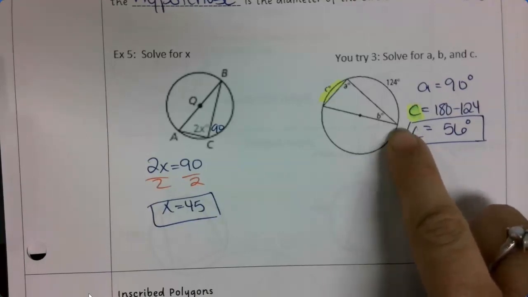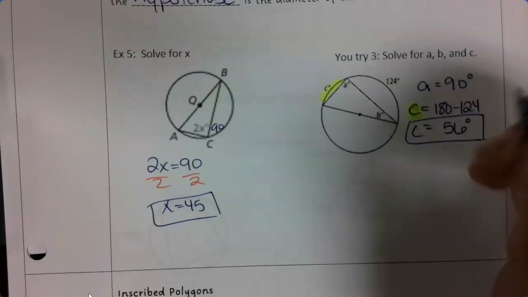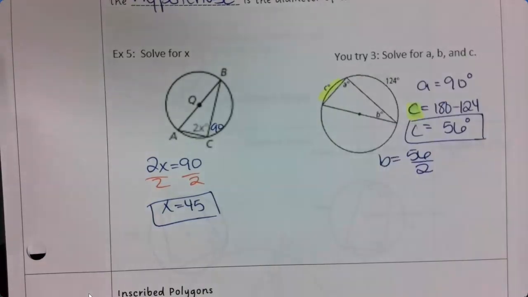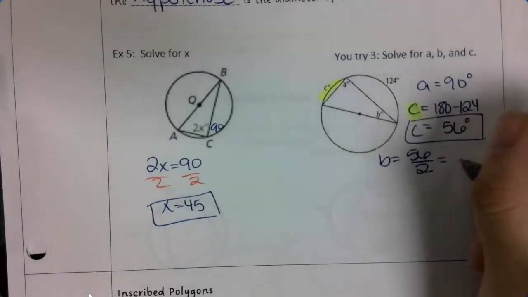And then since B is my inscribed angle, I know it has to be half of 56. So I take 56 and divide by 2 to get 28 degrees.